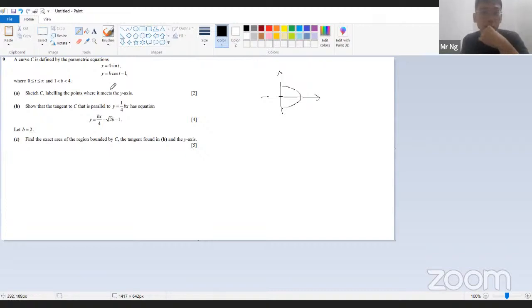So if you think about the graph, sine from 0 to pi, this sine is gonna range from 0 to 1. Whereas this thing is gonna range from 1 to minus 1, or minus 1 to 1.